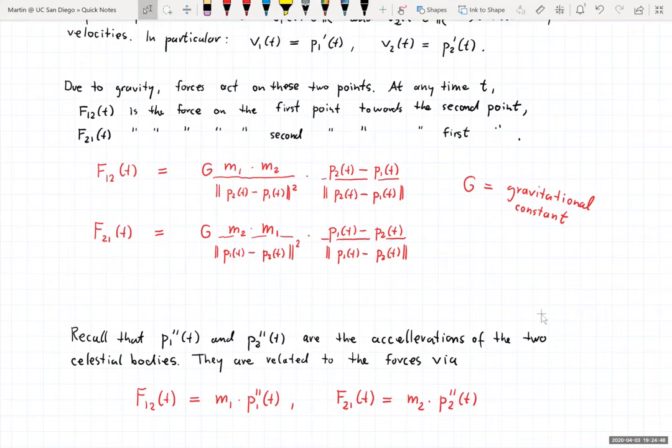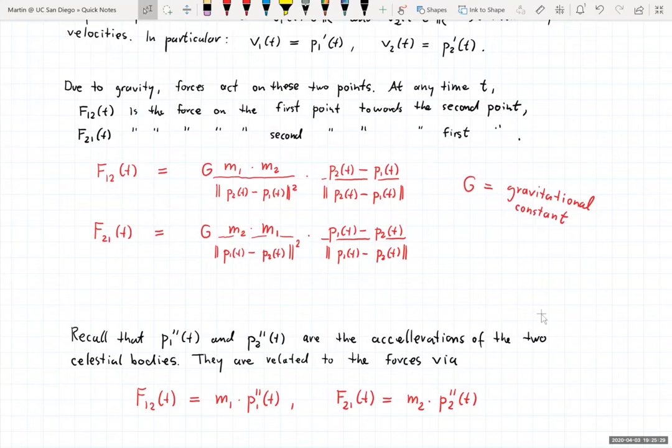In order to derive a system of ordinary differential equations, we recall the following fact from physics, namely the accelerations of the two bodies are the second derivatives of their positions. So p1 prime prime of t is the acceleration of the first particle, and p2 prime prime of t is the acceleration of the second particle.